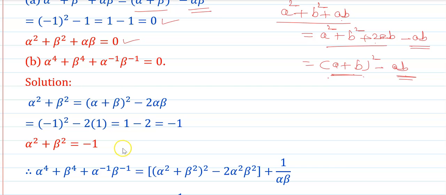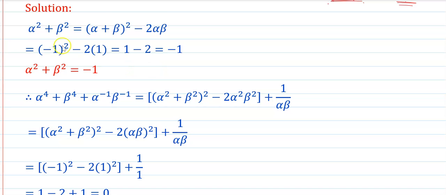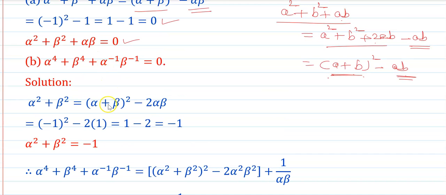Okay. Next we want to find out the value of alpha raised to 4 plus beta raised to 4 plus alpha raised to minus 1 beta raised to minus 1. Again alpha square plus beta square is nothing but alpha plus beta bracket square. See this here, I will explain in this manner, a square plus b square.